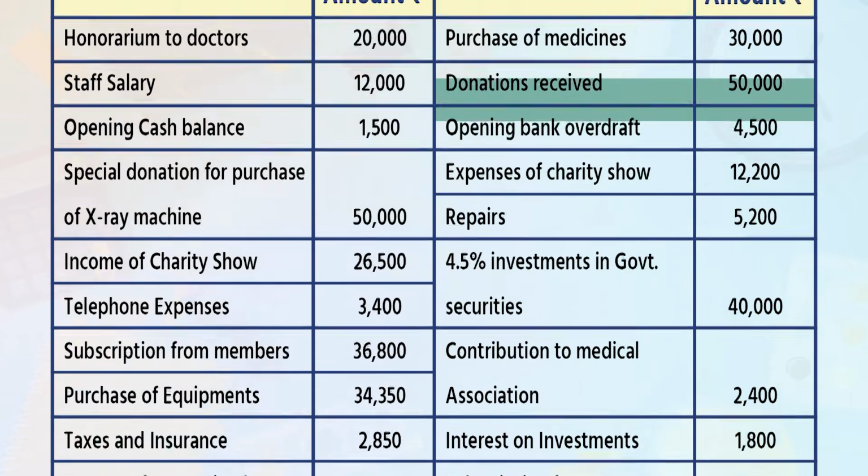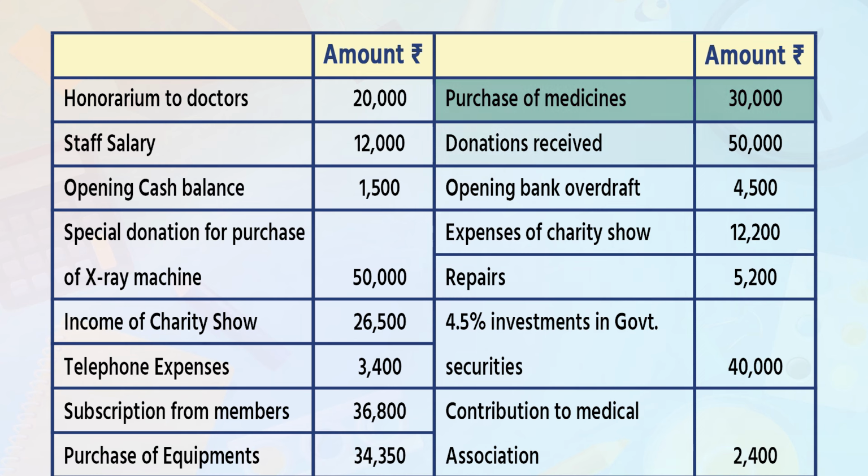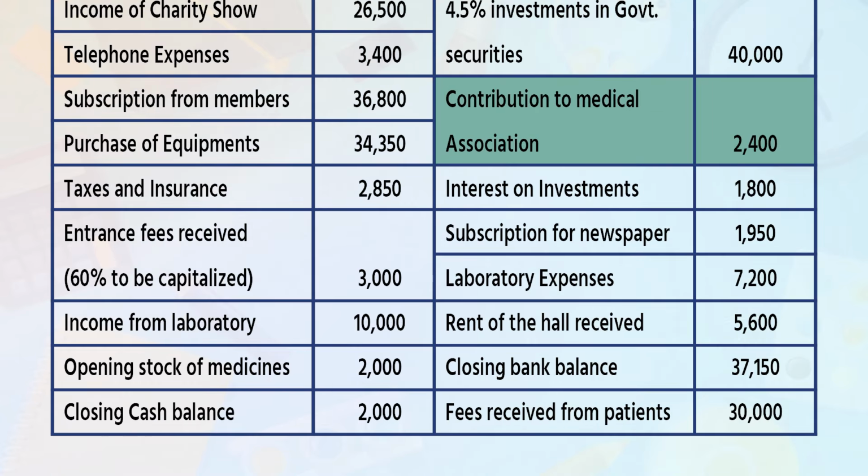Now another side, purchase of medicines, donation received, opening bank overdraft, expense of charity show, repairs, 4.5% investment in government securities, contribution to medical association, interest on investment, subscription for newspaper, laboratory expenses, rent of the hall received, closing bank balance, fees received from patients, and so on.